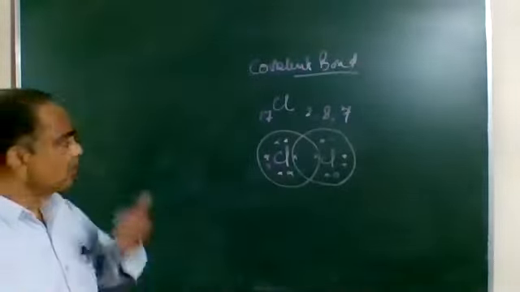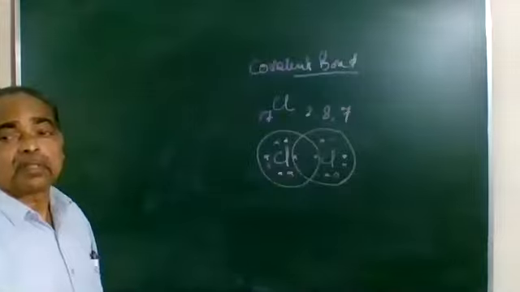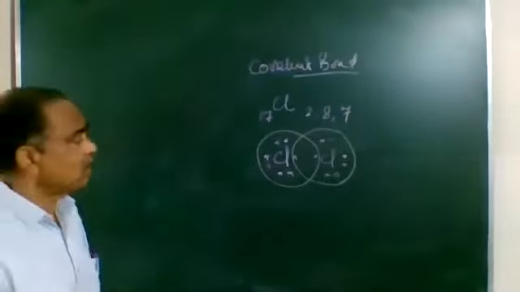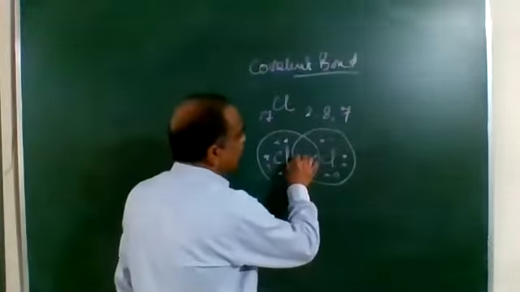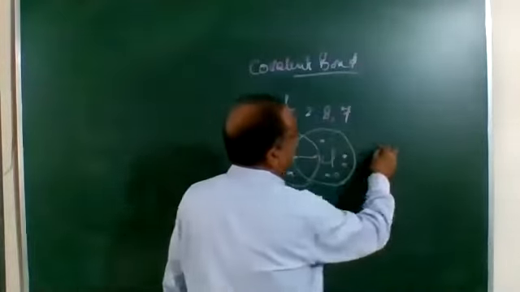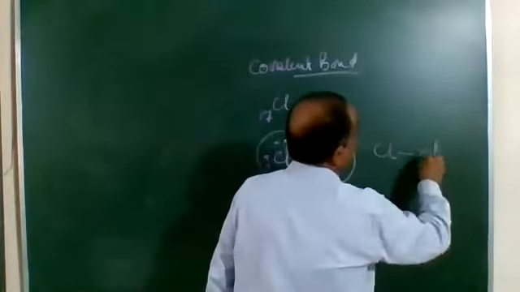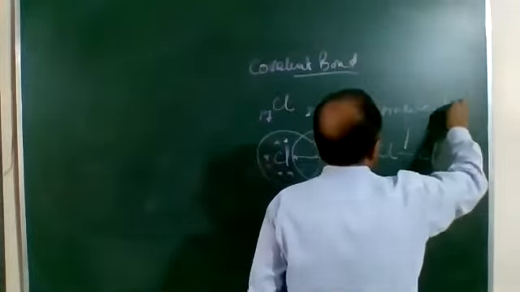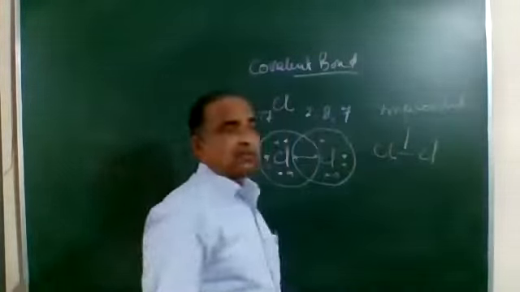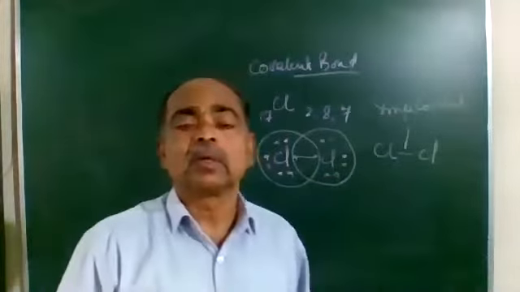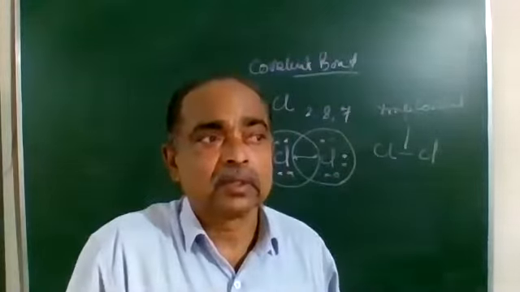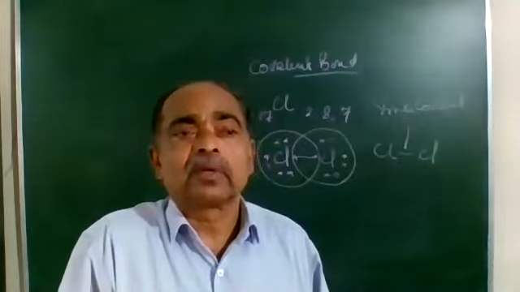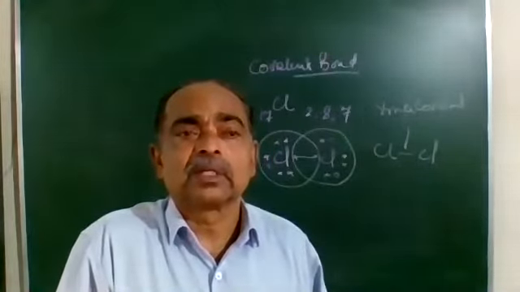Don't think that one will share two and another will share one; it is not possible. The sharing is equal. So between these chlorine atoms, one pair of electrons is shared, and this is known as a single covalent bond.